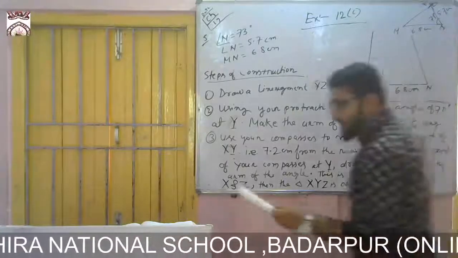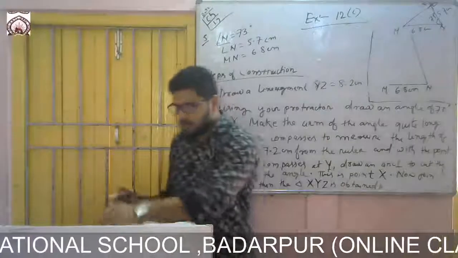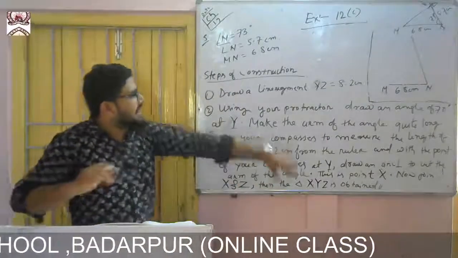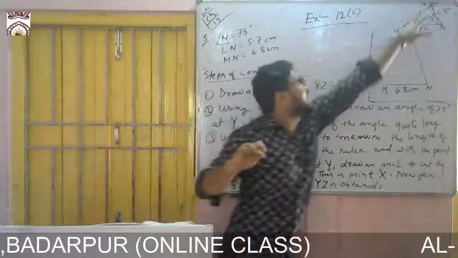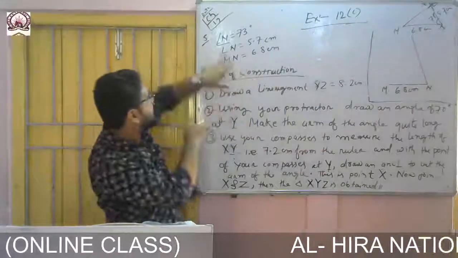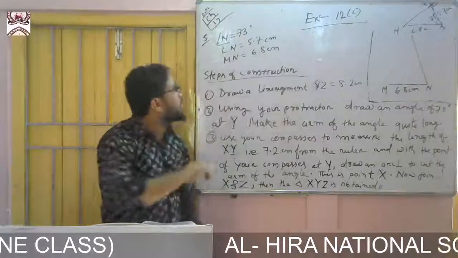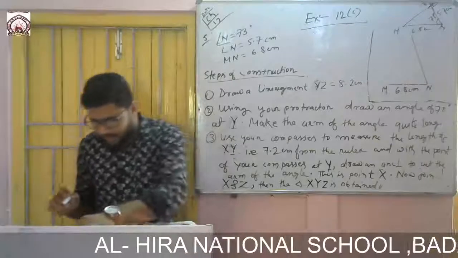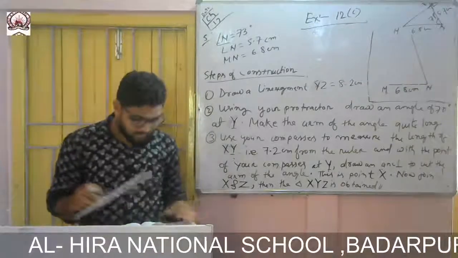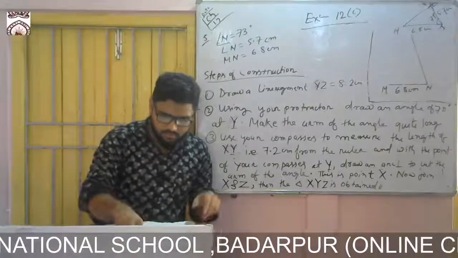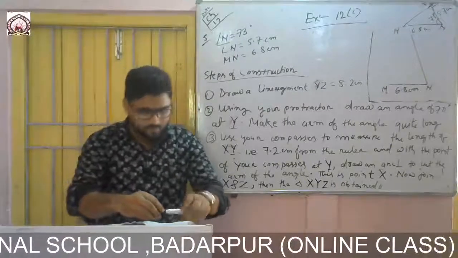Now from here you will get L. LN, how much is given? LN is 5.7.